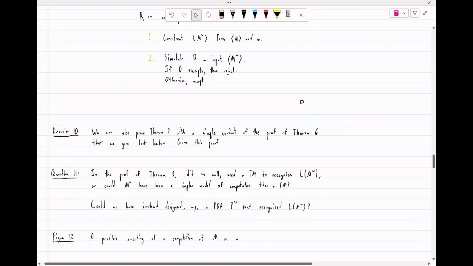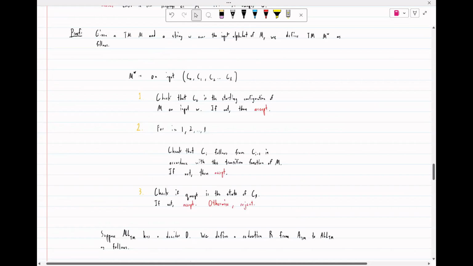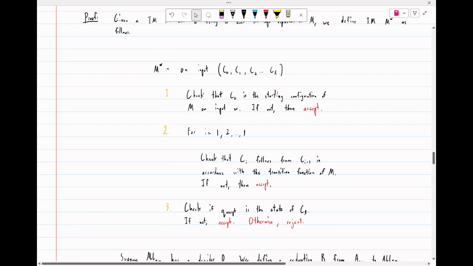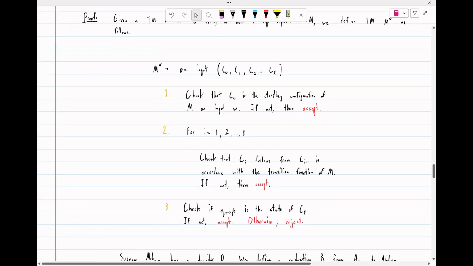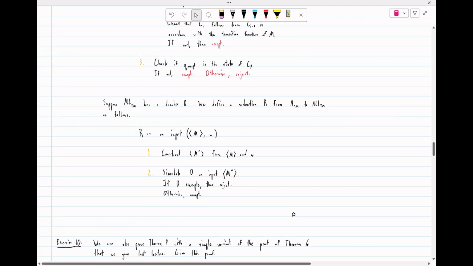So let's take a look at this guy. Essentially the question we want to answer is, can we turn this Turing machine into a PDA that recognizes the same language? That's what we want to do. Okay, let's see.